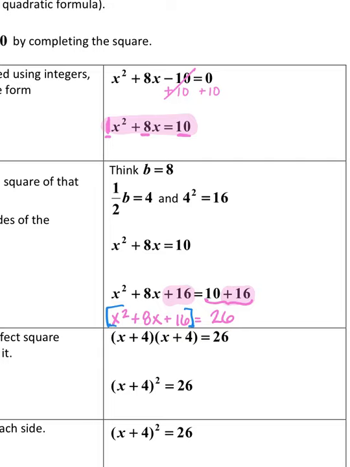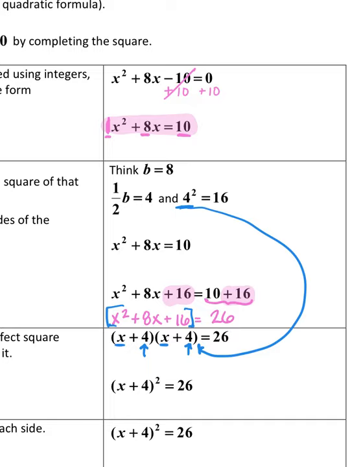Okay? And whenever we factor, we have our 2 parentheses, we have an x in each parentheses, and this 4 is always and forever going to come from this up here. So it's going to be the same number. You don't even have to try to figure out 2 numbers that multiply together to give you 16 that add up to 8, because it's always going to be half of b.